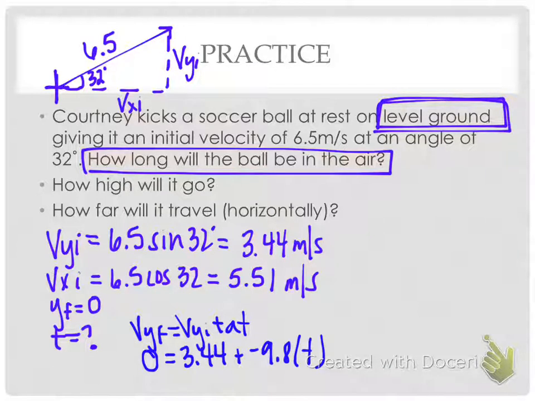First of all, do everyone's initial velocity components match mine? 3.44 and 5.51. Okay. Give or take a decimal for rounding.